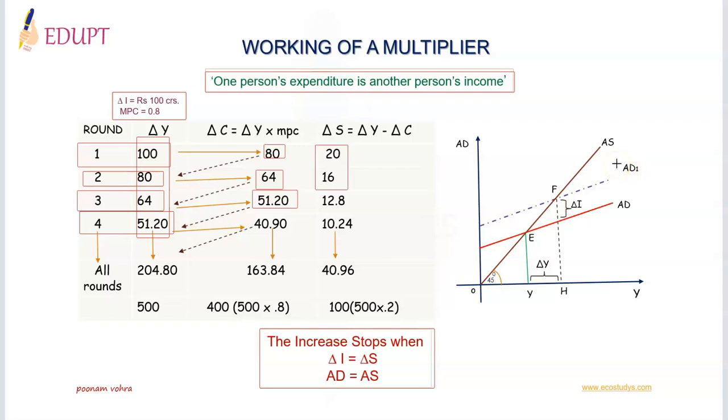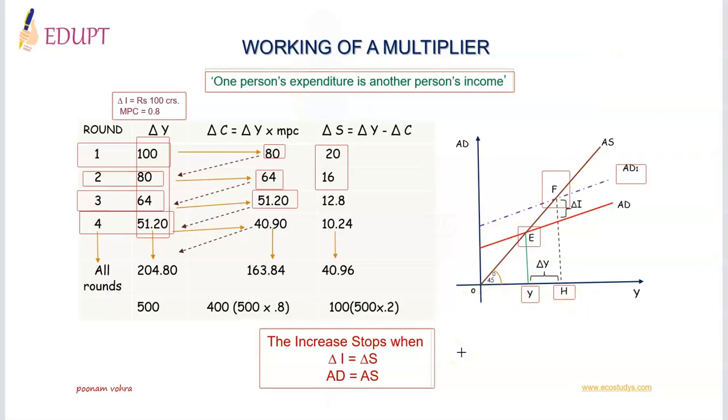So new aggregate demand is AD1. Initial equilibrium was at point E with equilibrium level of income OY. Due to increase in investment, new equilibrium is at point F. Income rises from OY to OH.